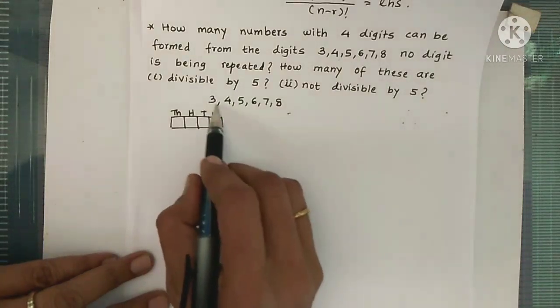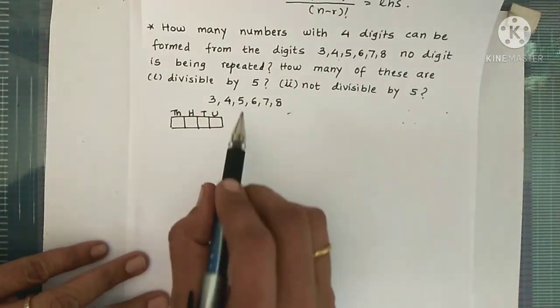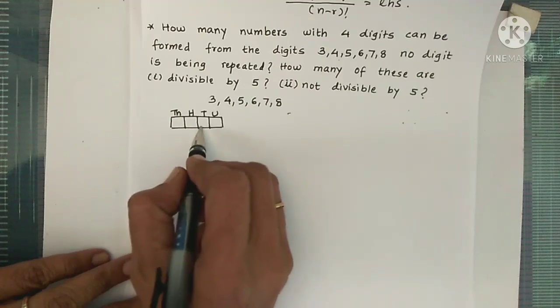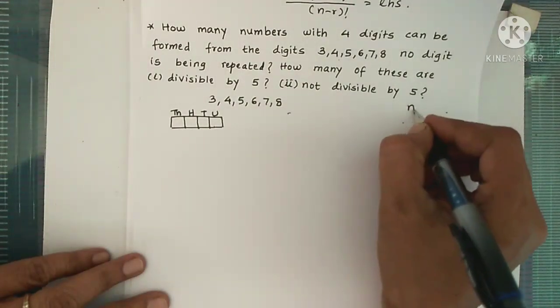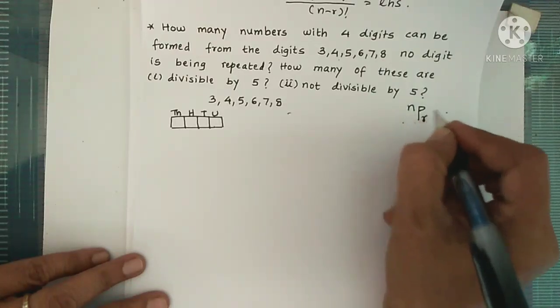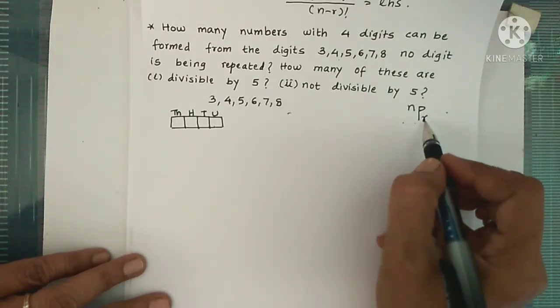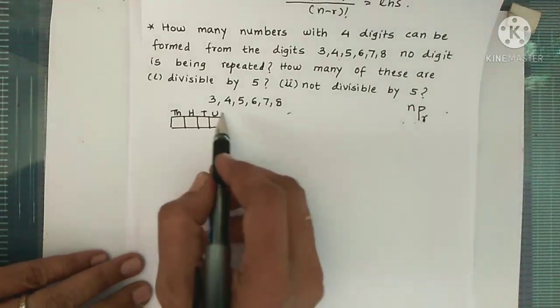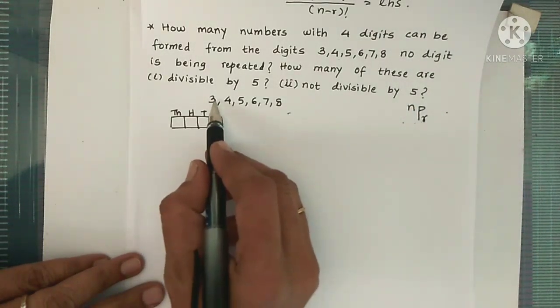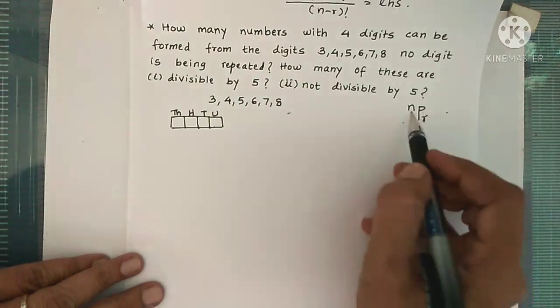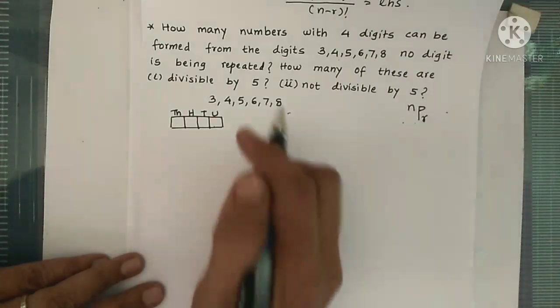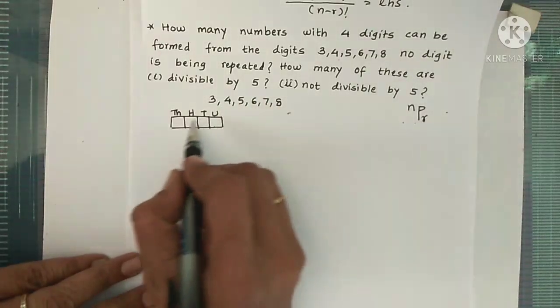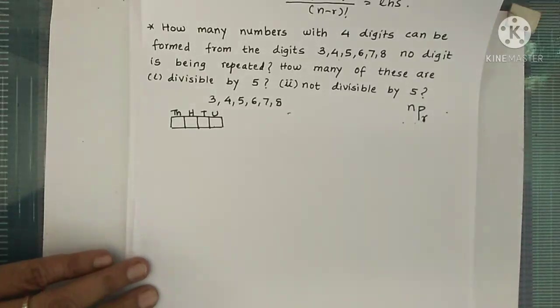So in all we have been given 6 digits here, and we have to select 4 digits for 4 places. See, NPR is: n objects are given, and we have to arrange r objects out of n objects. So here the given number of objects is 6, and we have to arrange 4 of these 6 digits in a straight line.